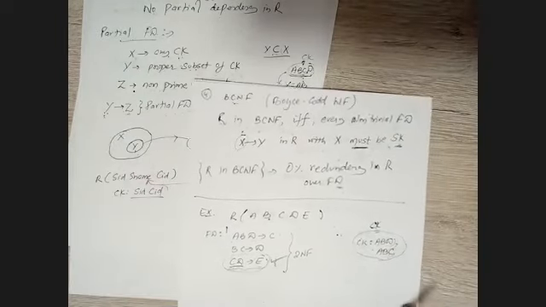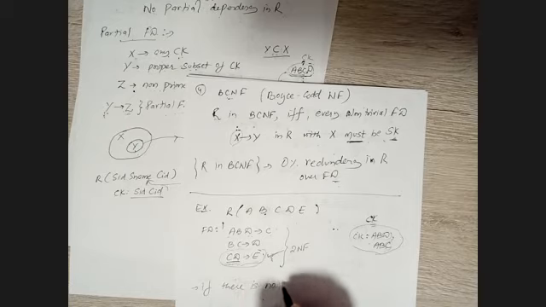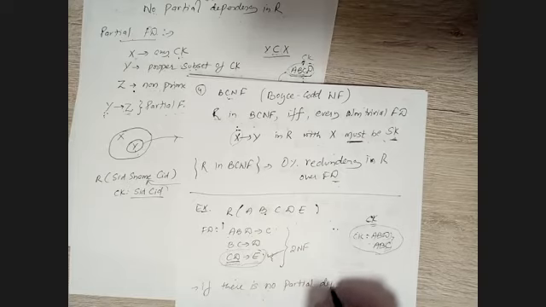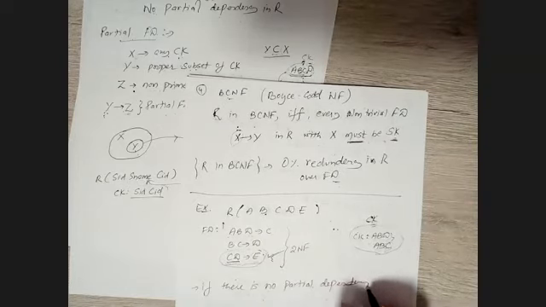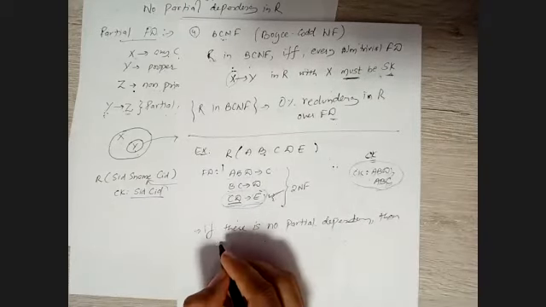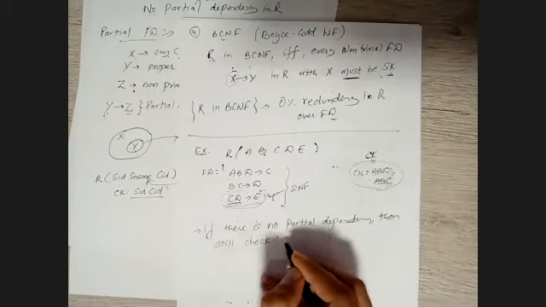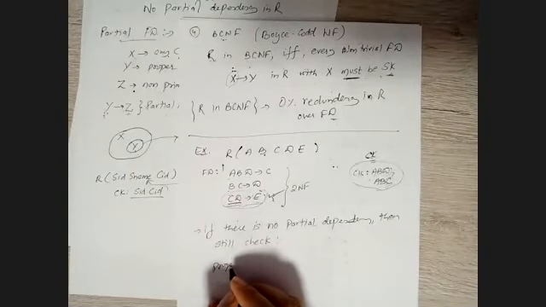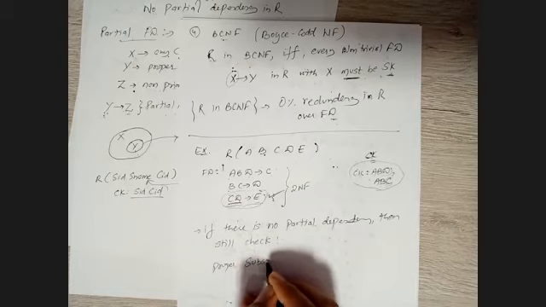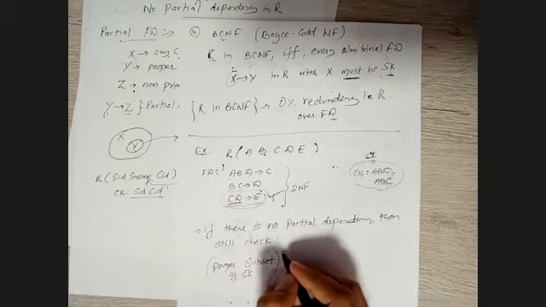But understand, if there is no partial dependency, then see, you need to take care of this point. Then still check what? The proper subset of the candidate key, identify the closure.